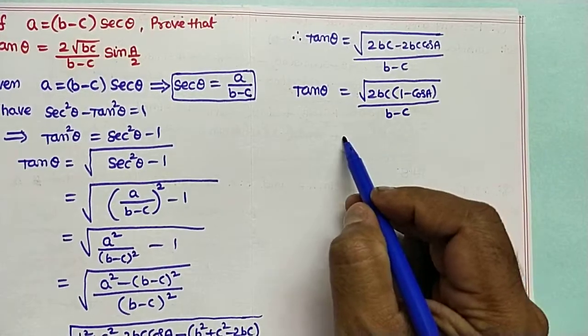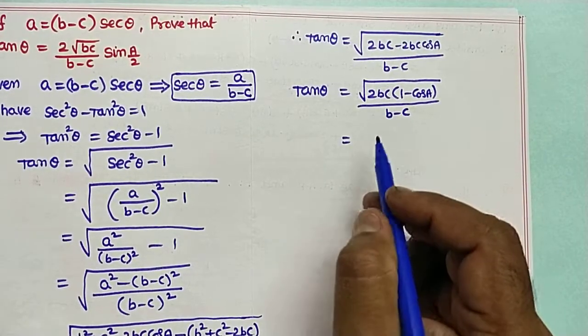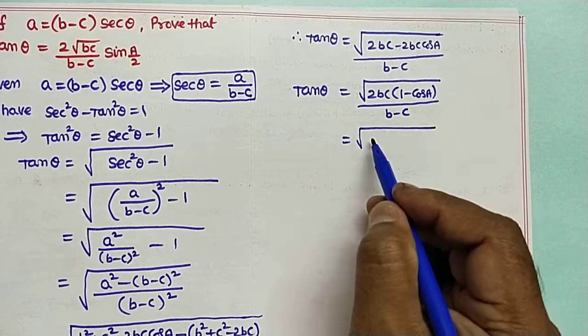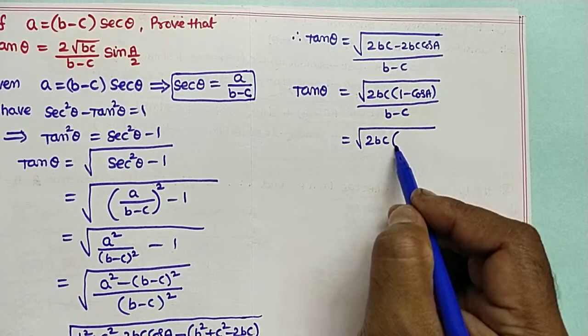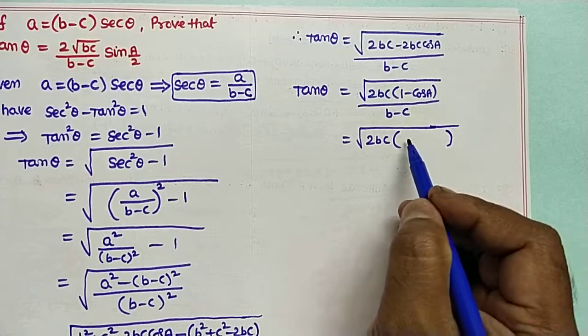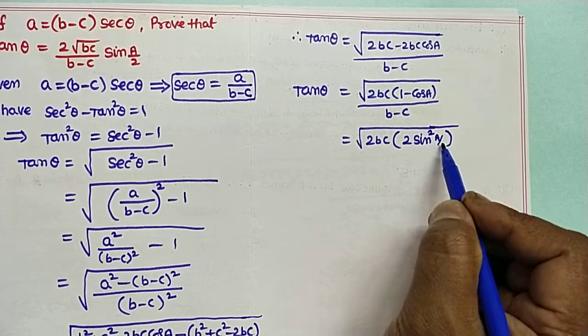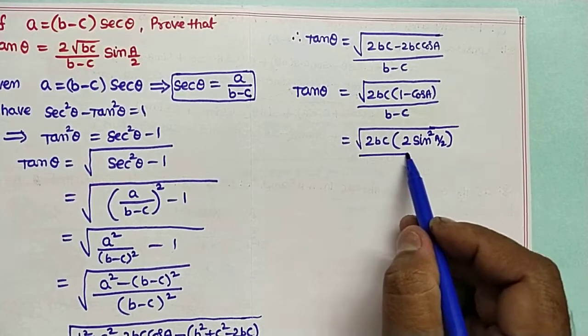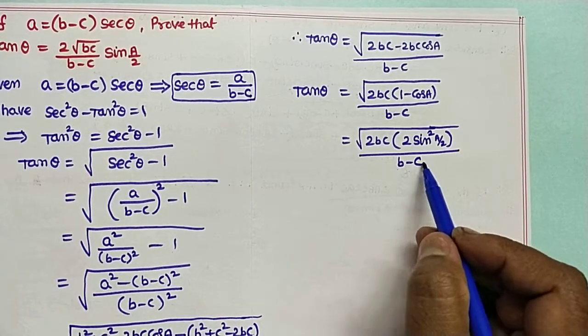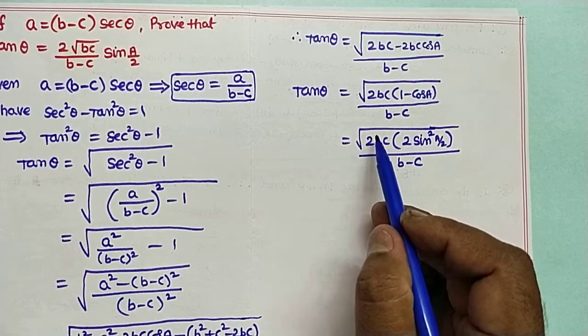So it is equal to root of 2bc, in place of 1 minus cos A, 2 sin square A by 2, whole divided by b minus c. 2 into 2, 4, we can take outside of the root.